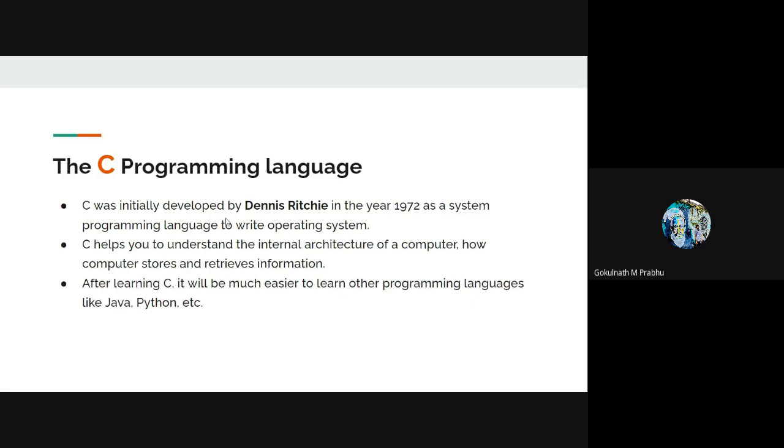Basically, the C programming language was developed in 1972 as a language to write operating systems. I hope all of you know about operating systems. We have different operating systems like Linux, Windows, Mac OS, or even mobile operating systems like Android and iOS.